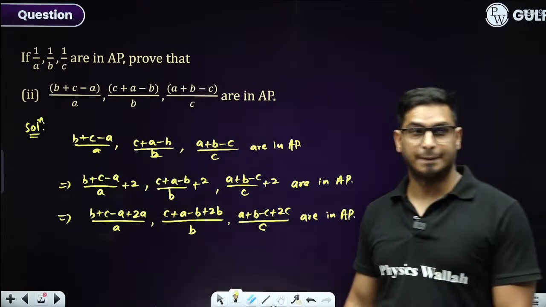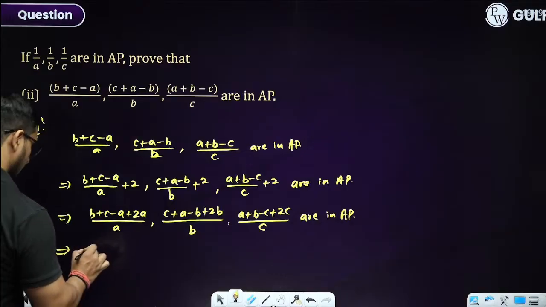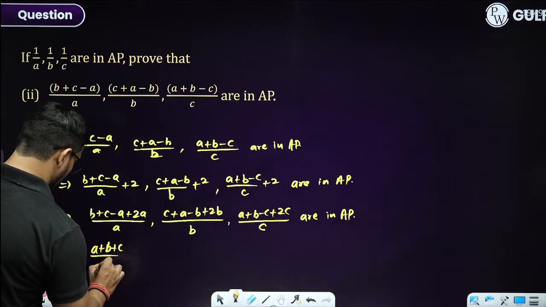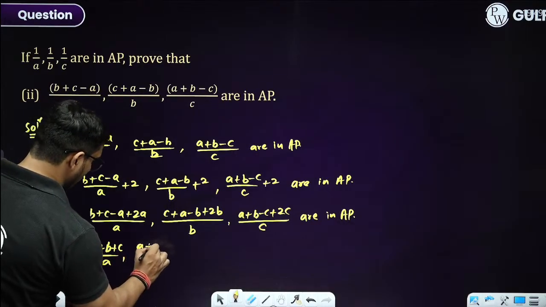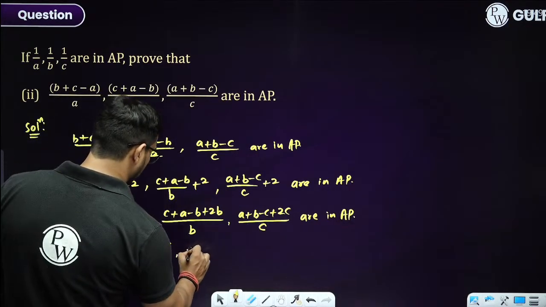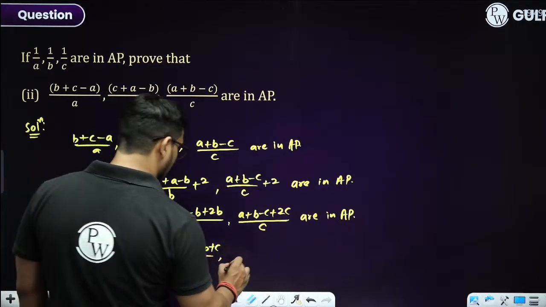So this should give you (A plus B plus C) by A, (A plus B plus C) by B, (A plus B plus C) by C are in AP.